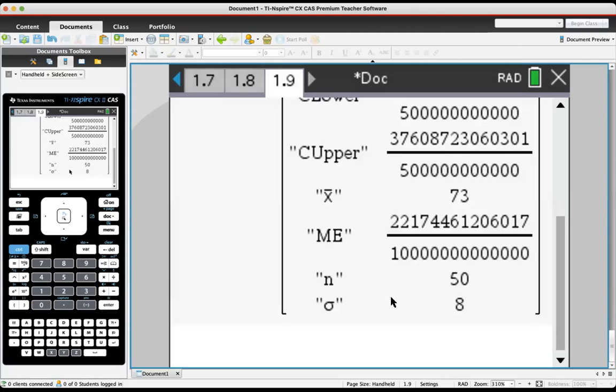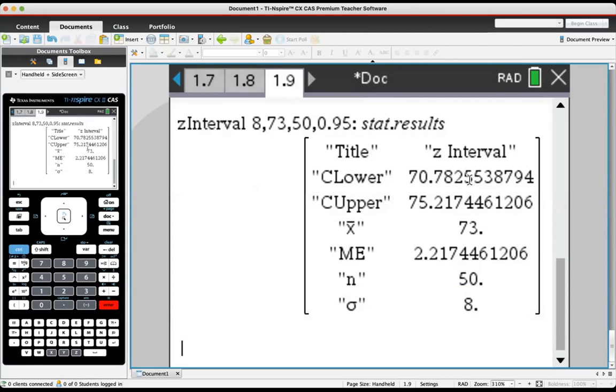Press OK and press Control Enter. Some of your calculators will spit out the decimal approximation directly. My calculator is always on exact mode, that's why I need to press Control Enter. 70.78, 75.21 or 22, okay? So option A is the closest answer, because all the confidence intervals have their endpoints rounded to 1 decimal place, okay?